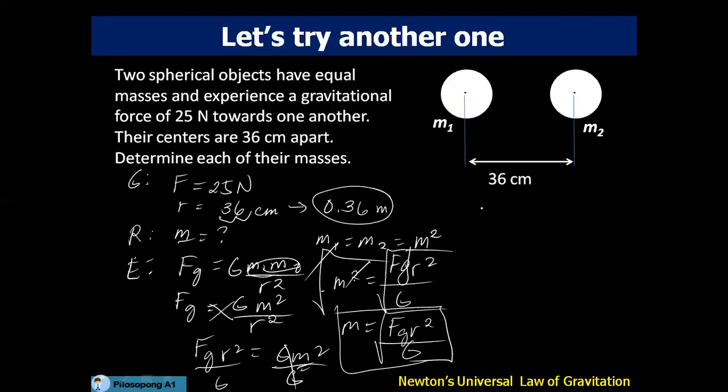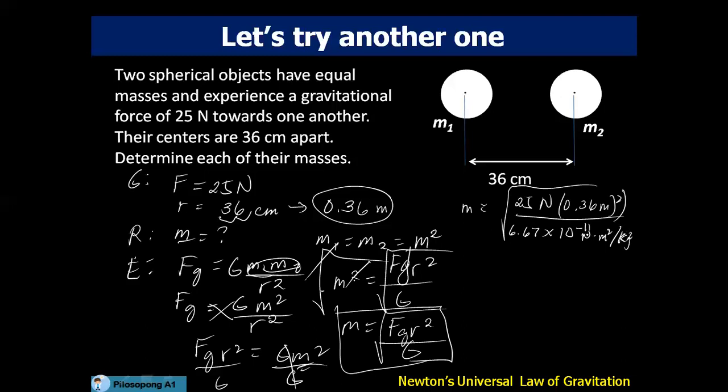Let's now substitute our given. So we have mass is equal to the square root of, the value of F is 25 newtons times r, that's 0.36 meters squared, all over 6.67 times 10 raised to negative 11 newton meter squared per kilogram squared.